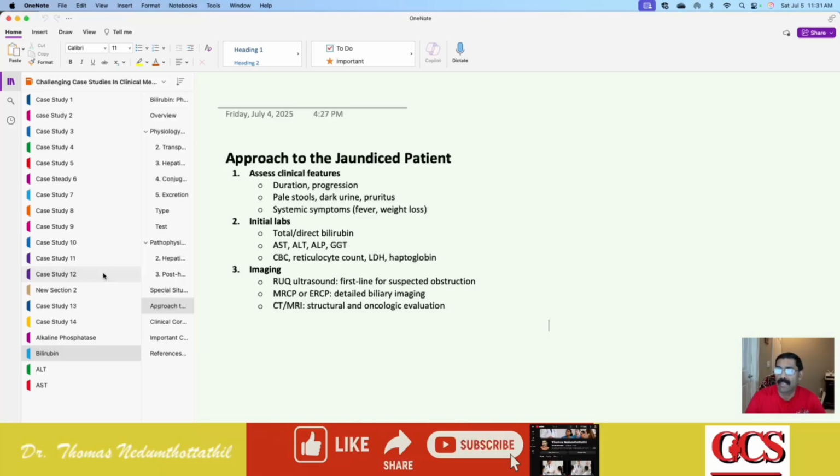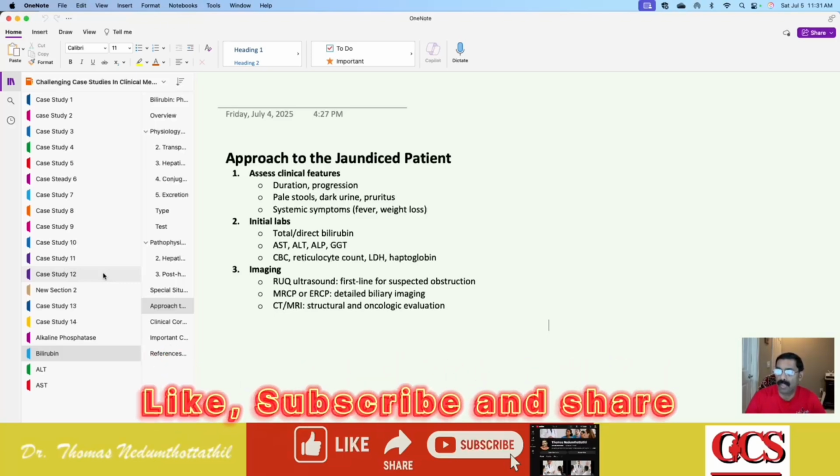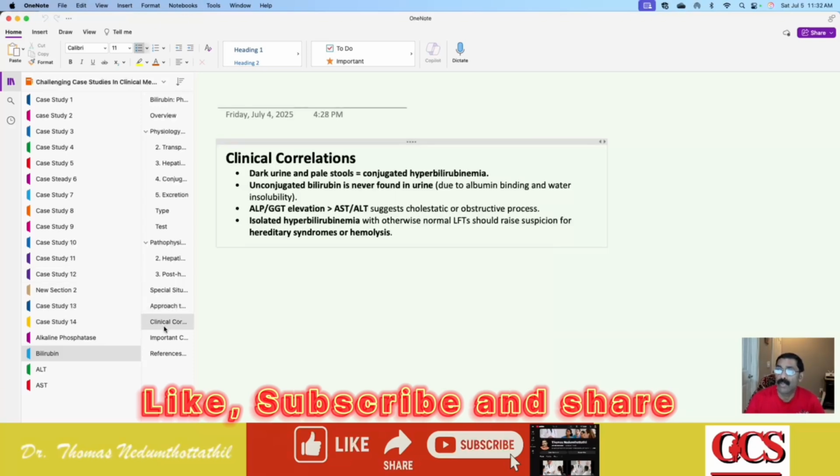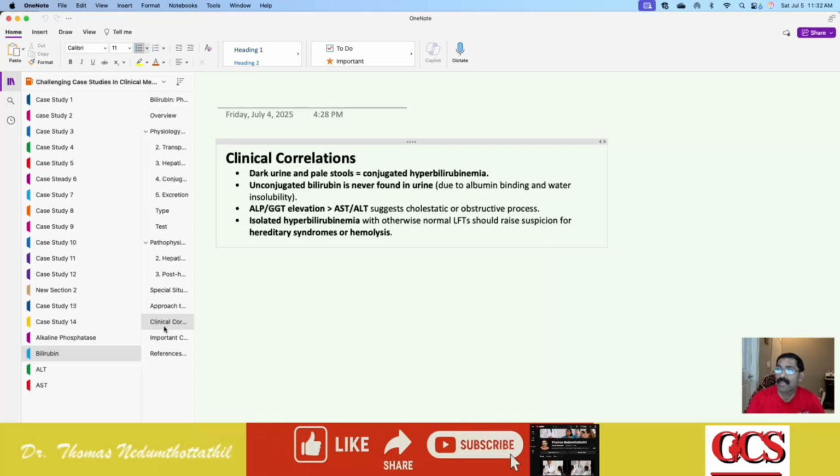Imaging studies such as right upper quadrant ultrasound should be the first line imaging study for suspected obstruction. MRCP or ERCP help get detailed biliary imaging. CT and MRI scans help with identifying structural problems and oncologic evaluation.